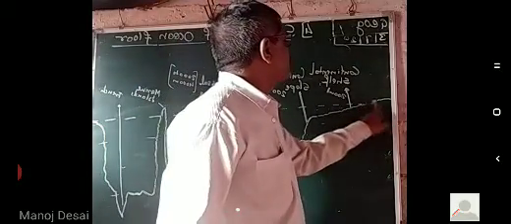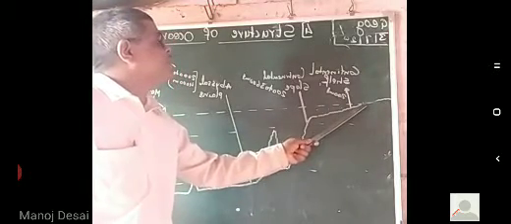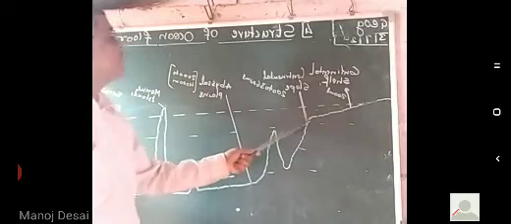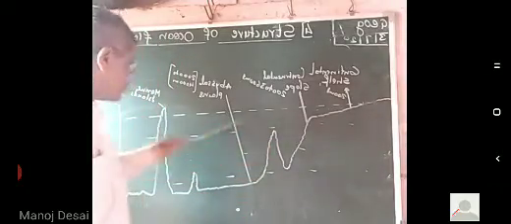First, near to the sea, that is near to the continent. Suppose this is the land area from here onwards, and from here, this is the seashore. From this seashore, here we can see this is the depth. This is the water. See the diagram.